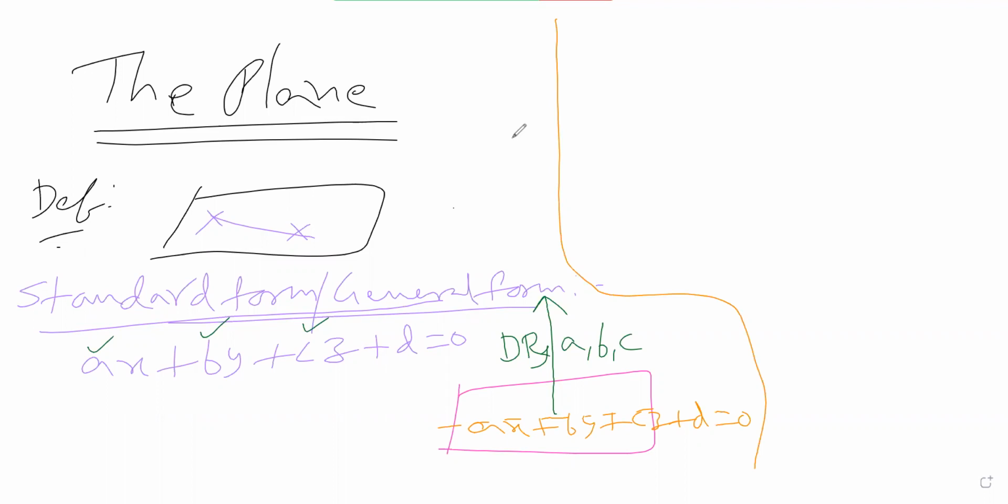The one-point form of the plane equation.